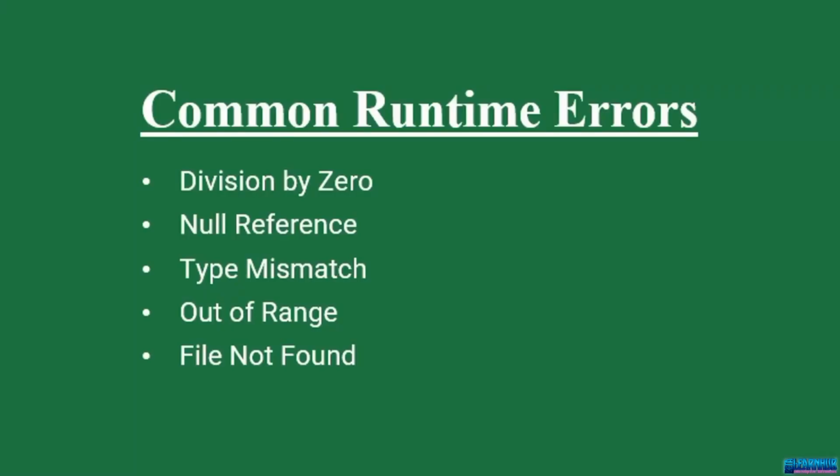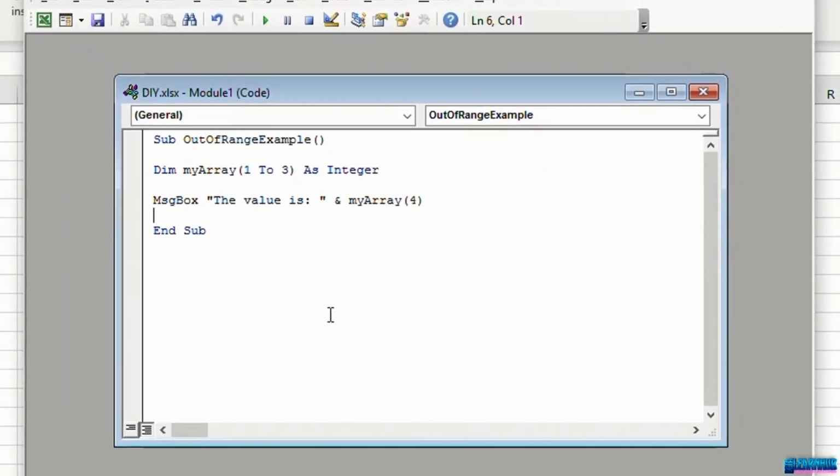So number 4, we have the out of range error. This occurs when accessing an array element, collection item, or any indexed object with an invalid index. As usual, let's go to our spreadsheet and see for ourselves. Here in this example, we have an array, MyArray, with 3 elements, indices 1 to 3, as integer.